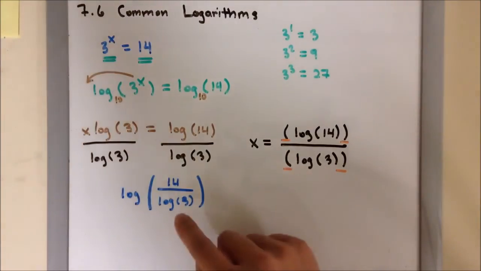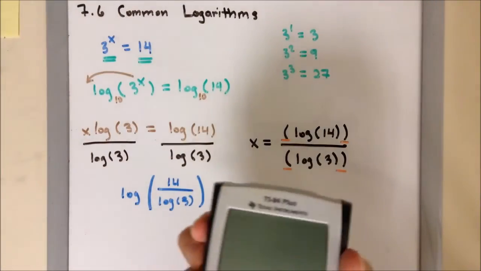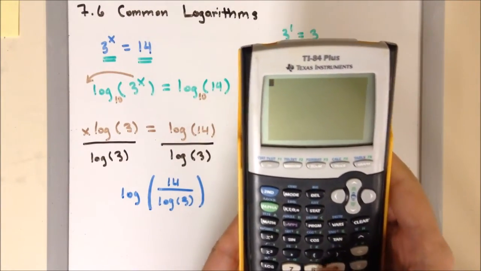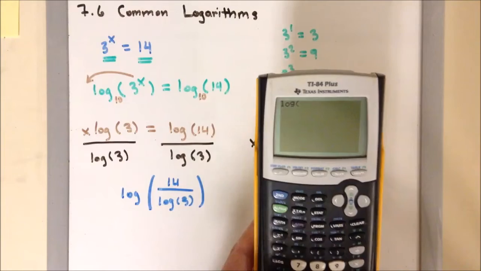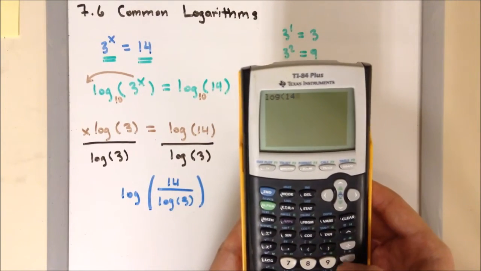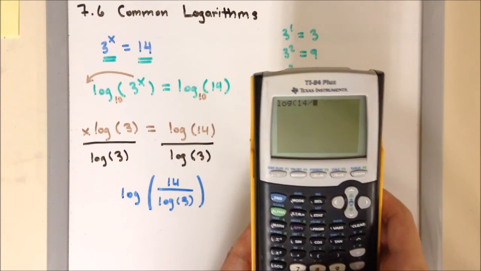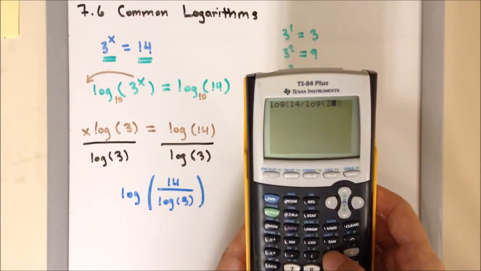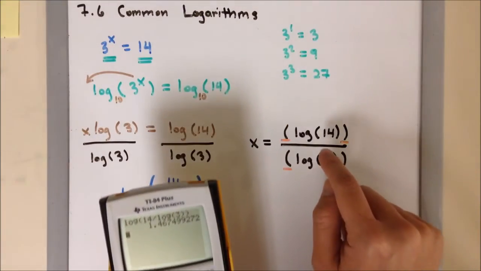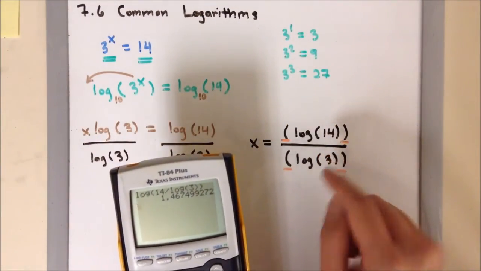Now again, if I were to type this in, I'm going to hit log, parentheses, 14, and then divide by log of 3, that's my answer. Now, the importance of parentheses.